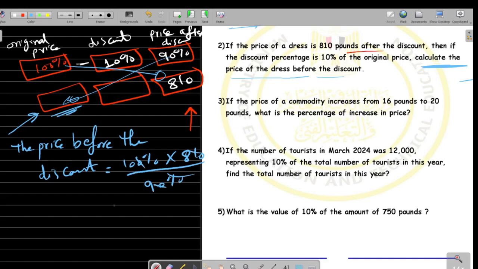Sorry, it's 810. Then we have 81 divided by 9, which equals 9, so it will be 900 pounds. The answer is 900 pounds. Easy, stay easy.